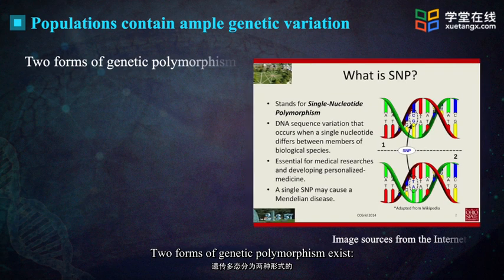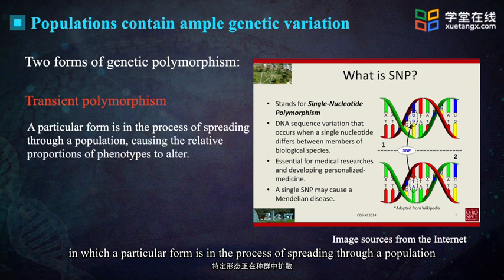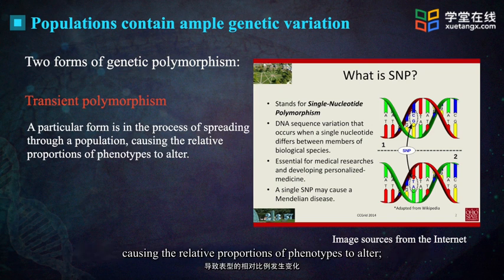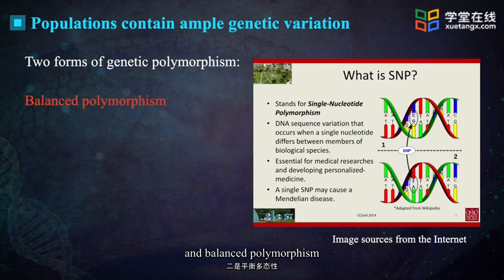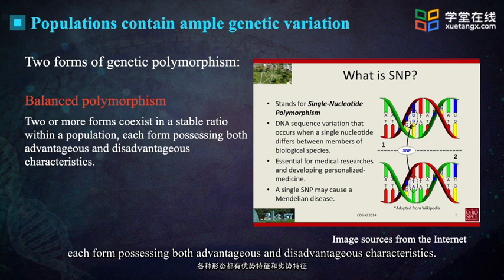Two forms of genetic polymorphism exist: transient polymorphism, in which a particular form is in the process of spreading through a population, causing the relative proportions of phenotypes to alter, and balanced polymorphism, in which two or more forms coexist in a stable ratio within a population, each form possessing both advantageous and disadvantageous characteristics.